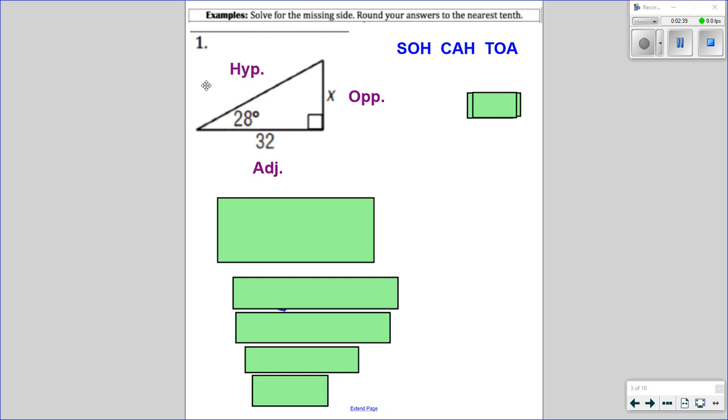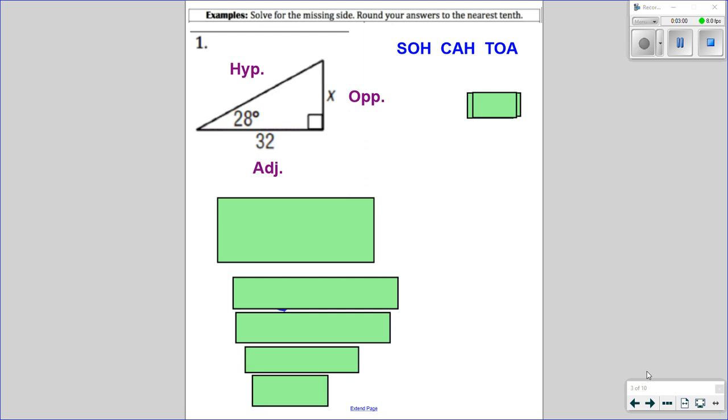Once you have that labeled, based on the information that's given and what you have to find, that will determine whether you use SOH, CAH, or TOA. Since we don't have the hypotenuse, but we have the adjacent with the 32, and the opposite is what we're looking for, it's an O and an A, so we're going to be using TOA.